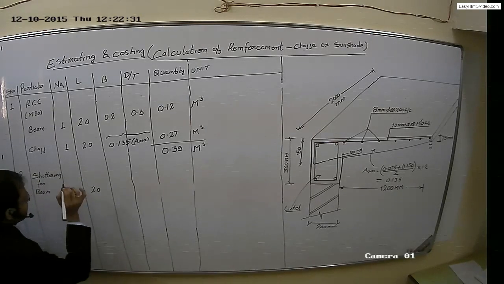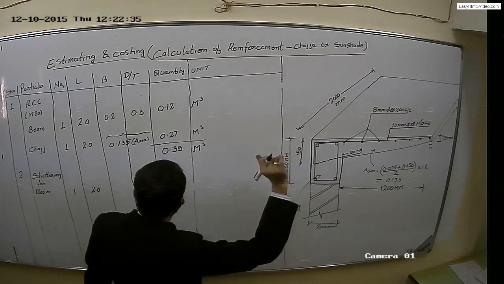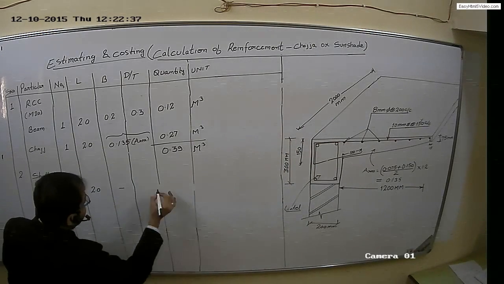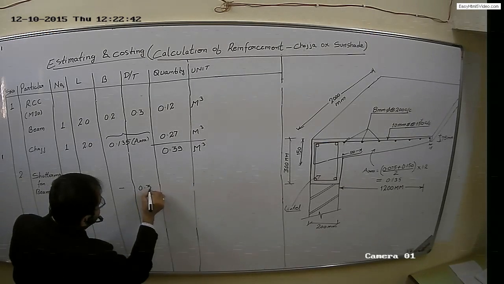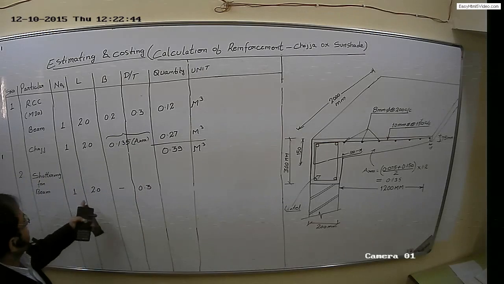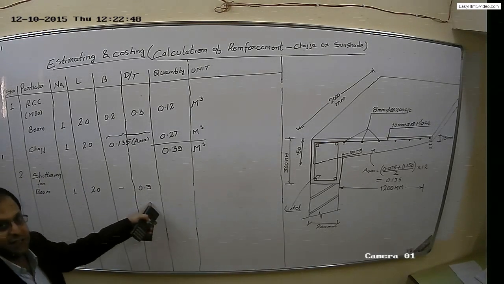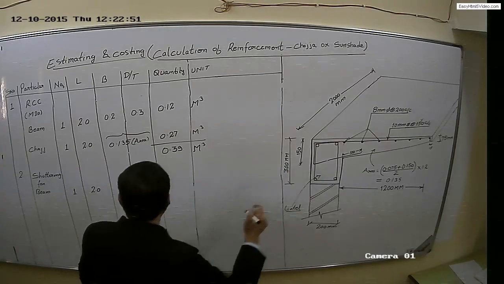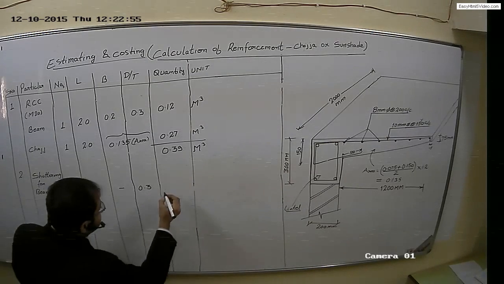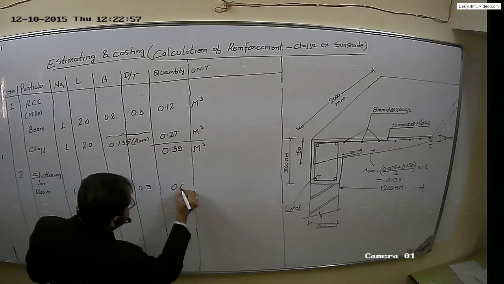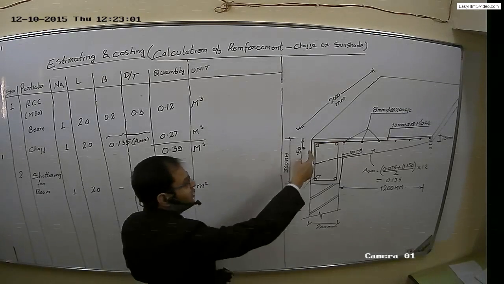There is one face, length 2 meter, and the depth is 300 mm. Depth is 0.3 meter. So on multiplying these three quantities, means number into length into depth, you'll get the shuttering of this particular face, which comes out to be 2 into 0.3, which is equal to 0.6. Unit will be meter square. We have completed this face.